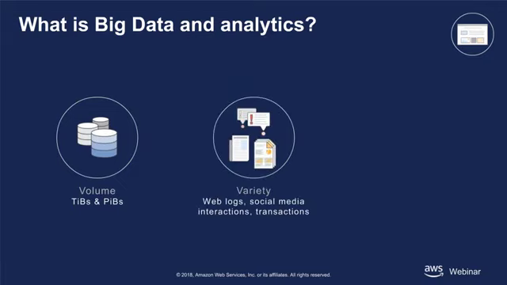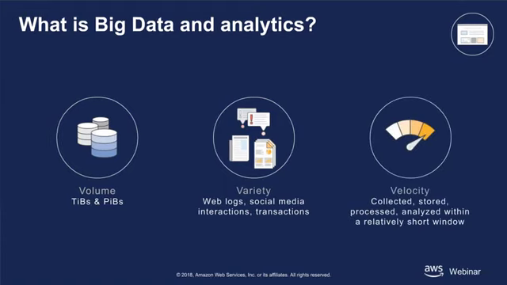Next, we have variety. This includes data from a wide range of sources and formats. This could be weblogs, social media interactions, e-commerce or online transactions, financial transactions, things like that. And then finally, we have velocity.